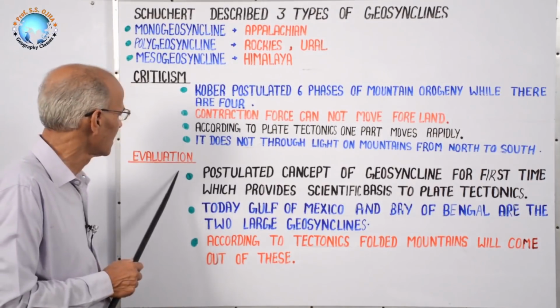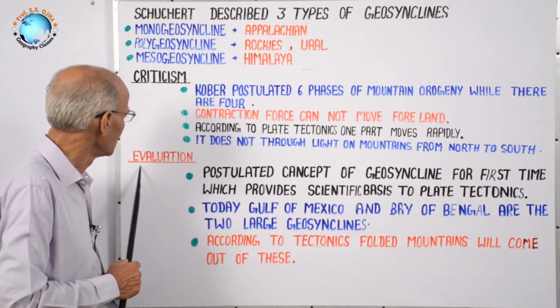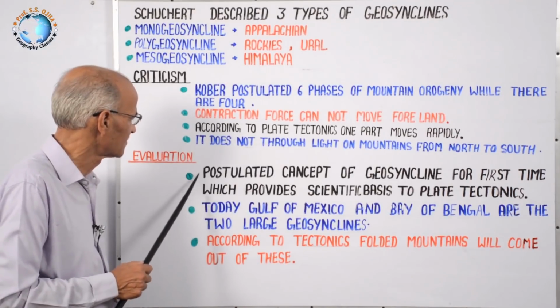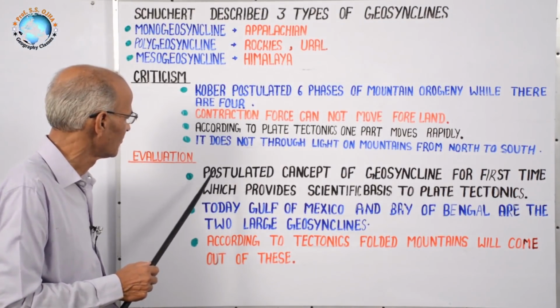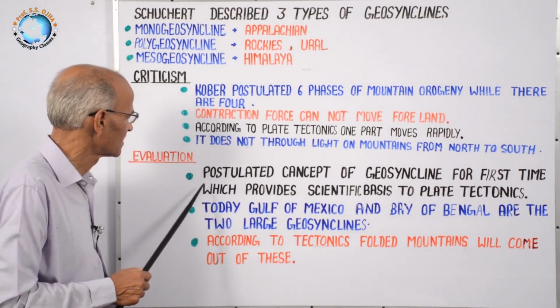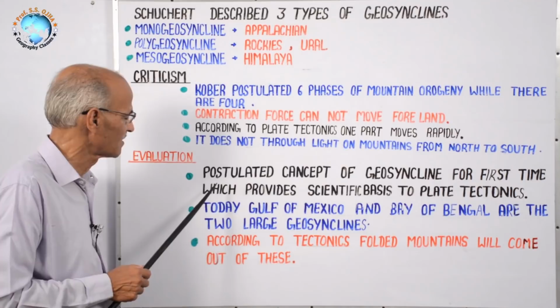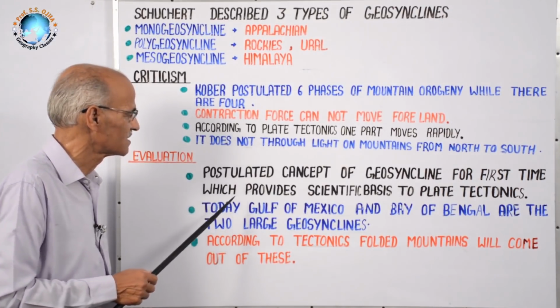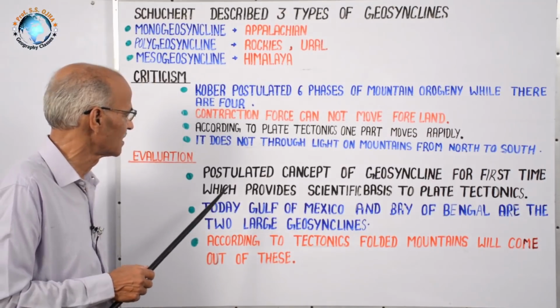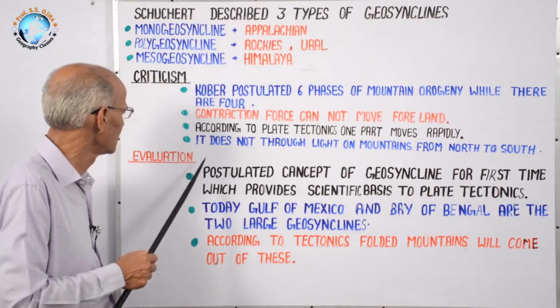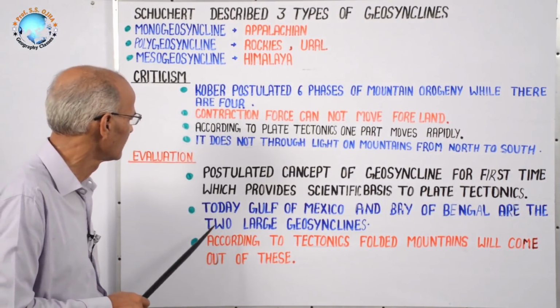If it is not asked, then you should only evaluate it in the present context, because this theory was propounded in the past, but at present there are a number of theories like plate tectonics which have the latest scientific and geological evidences. That's why you should compare KOBER's theory with these modern views.